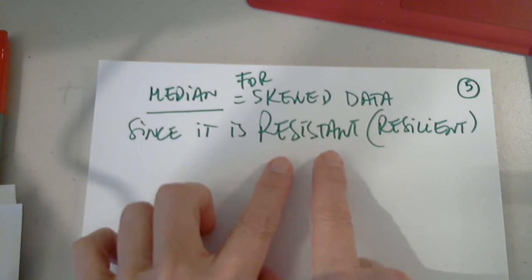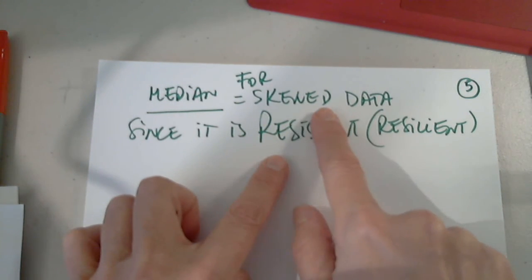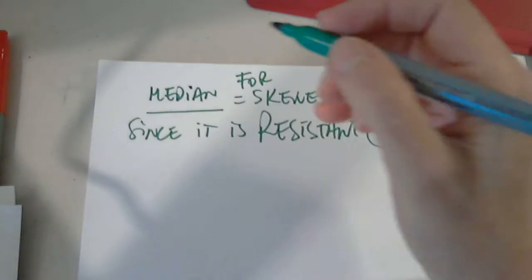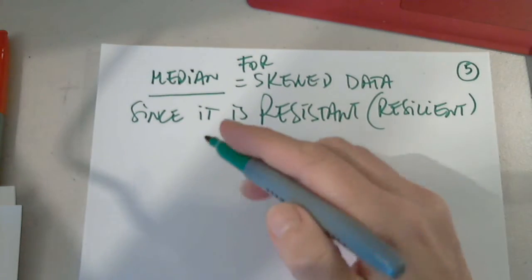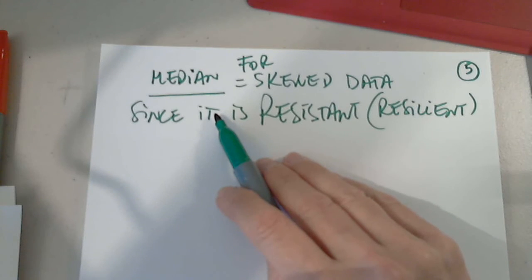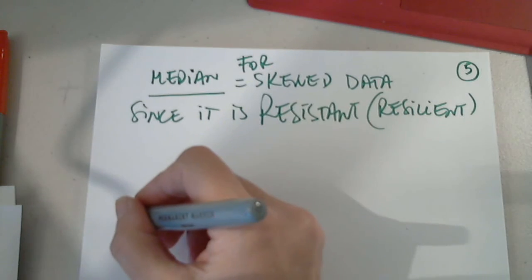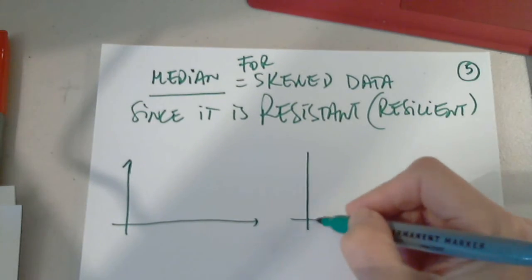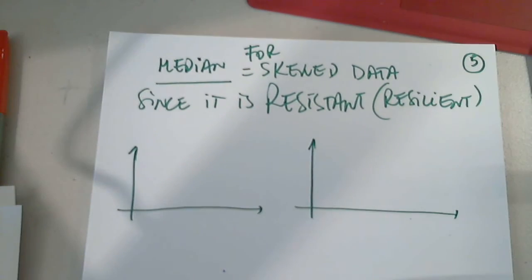Why is this resistant? Why is the median better for skewed data? Simply because the median will not be pulled to the left or to the right as fast as the mean will. So let me explain why. Let's say we have two situations.